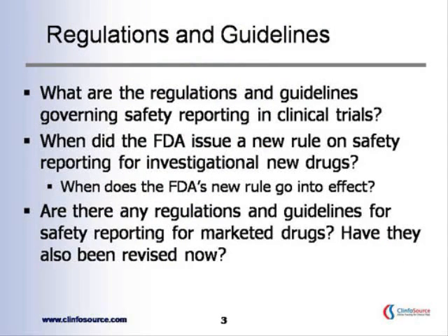For investigational new drugs, the regulations applicable to adverse events and serious adverse events are contained in the Code of Federal Regulations, CFR, Title 21, under Part 312. 21 CFR 312, Subpart D, lists the responsibilities of sponsors and investigators. 21 CFR 312.32 explains how IND safety reports should be filed.